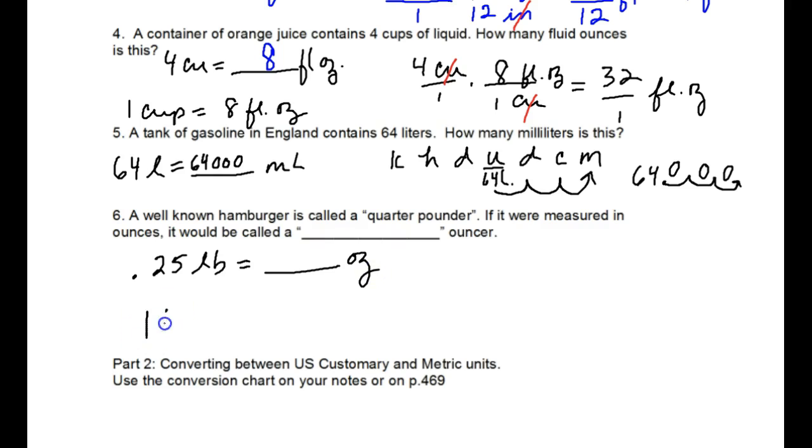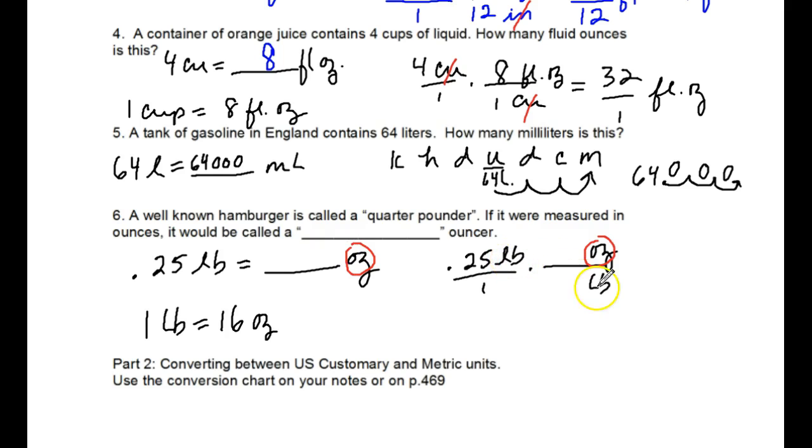Since 1 pound equals 16 ounces, I'm going to write a problem that has a conversion factor from pounds to ounces. Here's my ounces that I want to end up with. It's my ending place. I started with pounds.